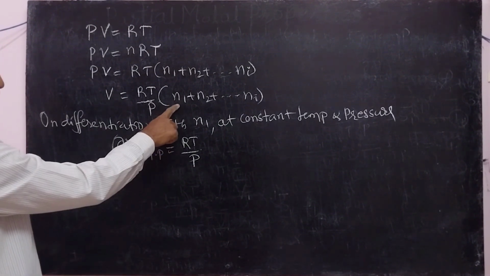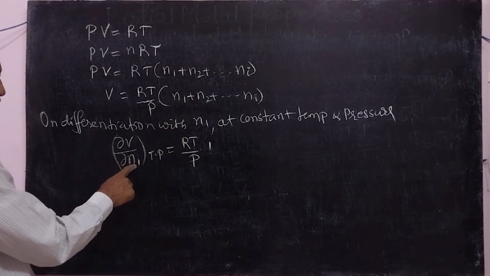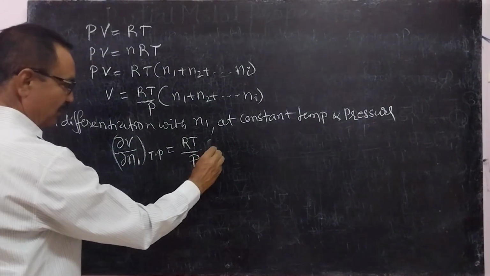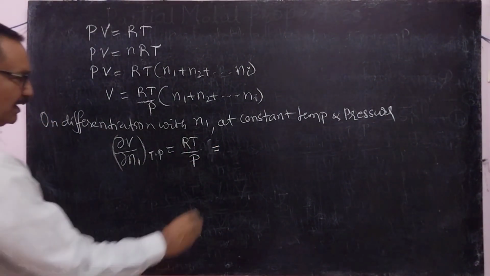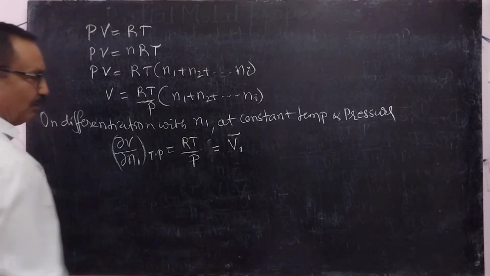When n1 is differentiated with n1, we get 1, and when n2 is differentiated by n1, all such terms become 0. This is nothing but V1 bar.